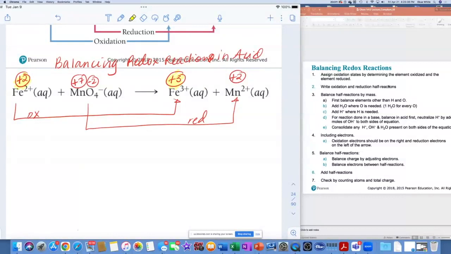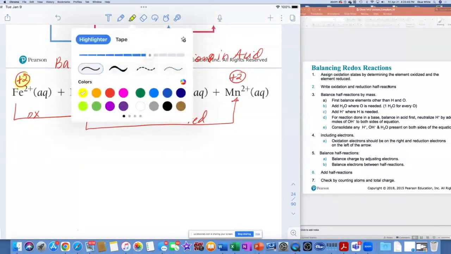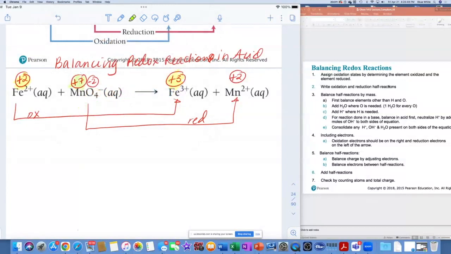When you have an increase in oxidation number, that is oxidation. When you have a decrease in oxidation number, that is reduction. Mn is going from +7 to +2. Okay? So we can see over here when you separate, this is Fe2+ (aq) to give us Fe3+ (aq). This is oxidation.